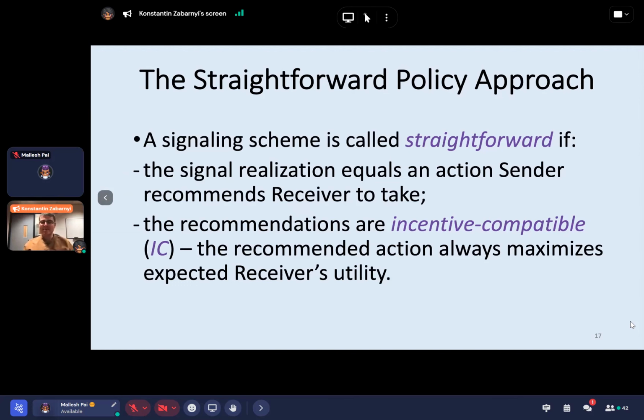And the requirement is incentive compatibility, which means that the receiver will always be better off in expectation by following the sender's recommendations. So the sender just recommends actions to the receiver in a way which is indeed incentive compatible for the receiver.